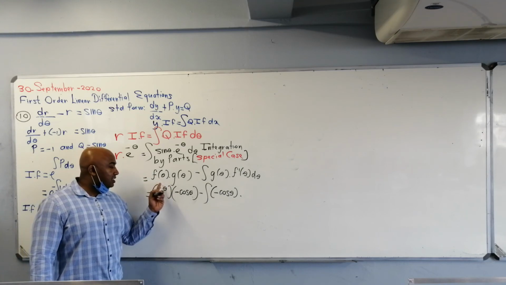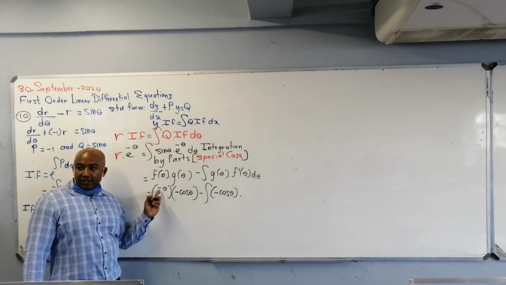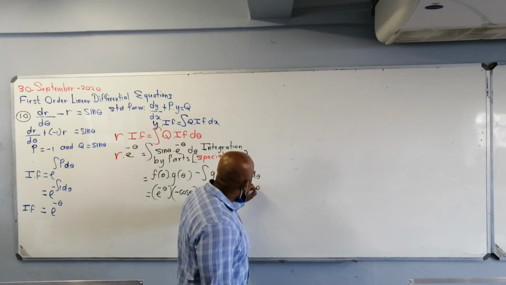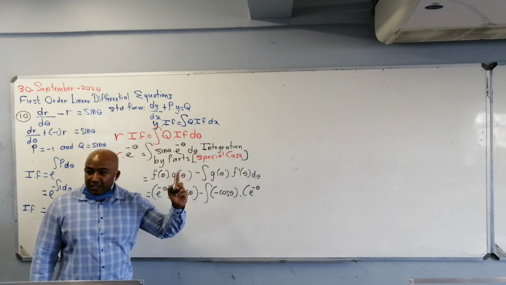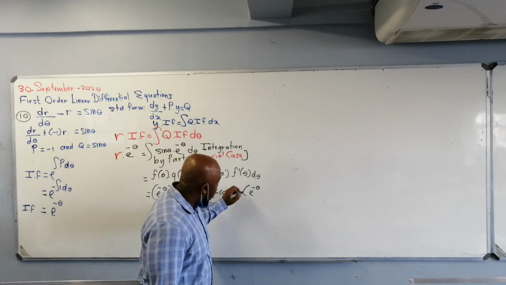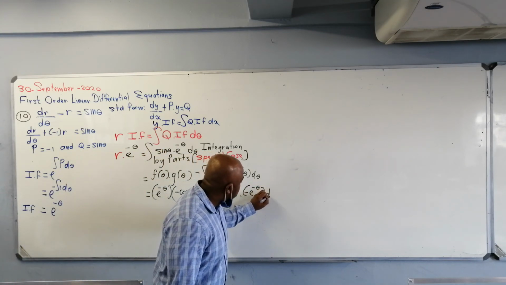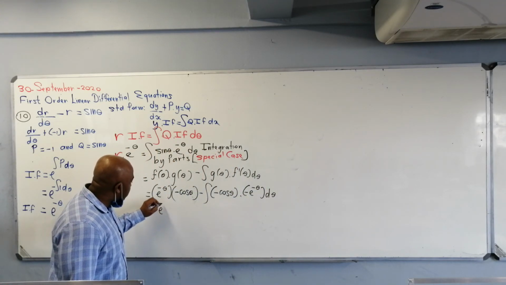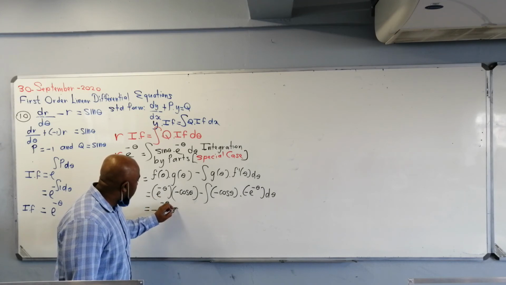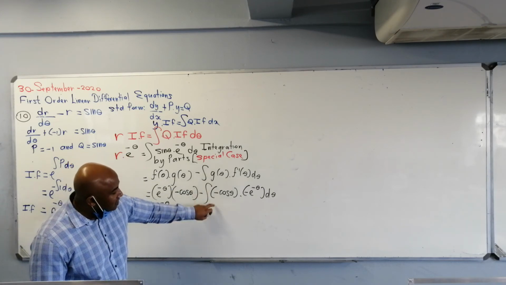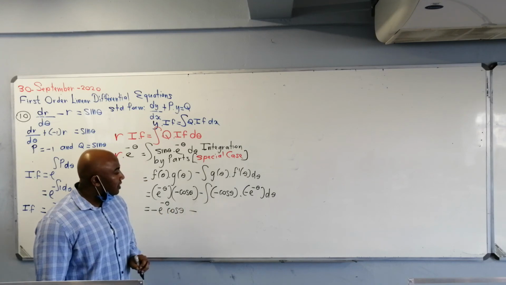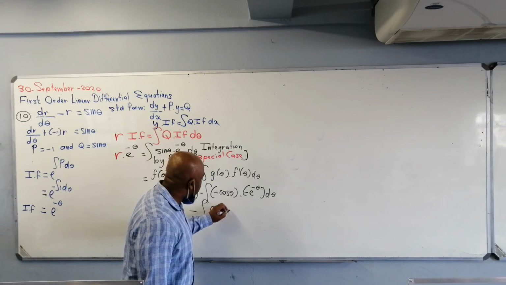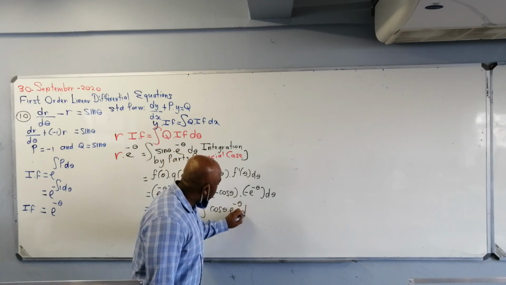So f of theta was e to the power minus theta. f prime theta means differentiate, so that will be e to the power minus theta times the derivative of minus theta, which is minus 1, d theta. So here, this is minus e to the power minus theta cos theta, negative times negative times negative is a negative, the integral of cos theta times e to the power minus theta.